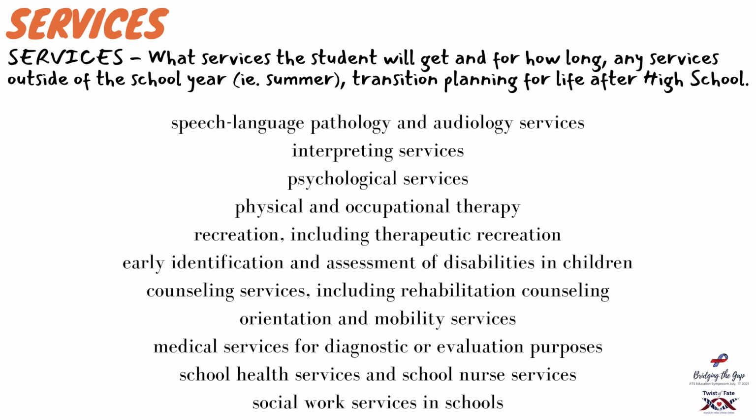Some examples of these additional services and supports, also called supplementary aids and services in IDEA, are adaptive equipment, assistive technology, peer tutors, one-on-one aides, and adaptive materials. The IEP team, which includes the parents, is the group that decides which supplementary aids and services a child needs to support his or her access to and participation in the school environment.